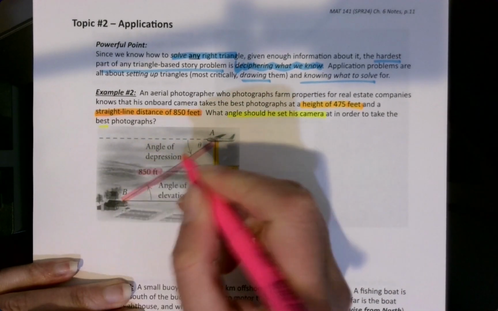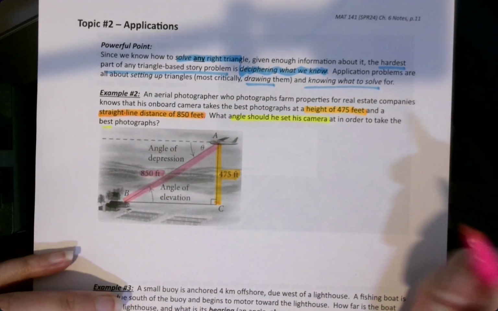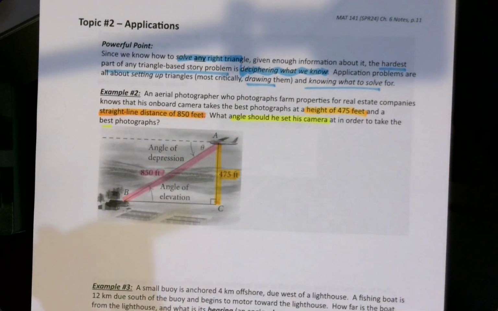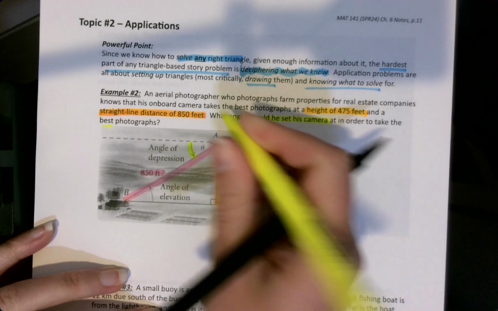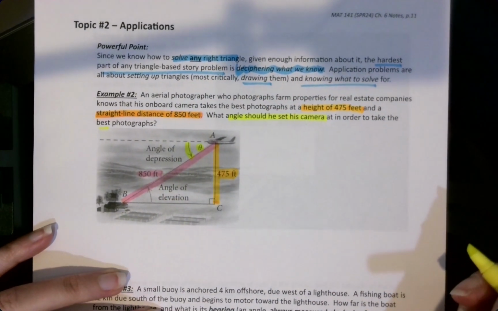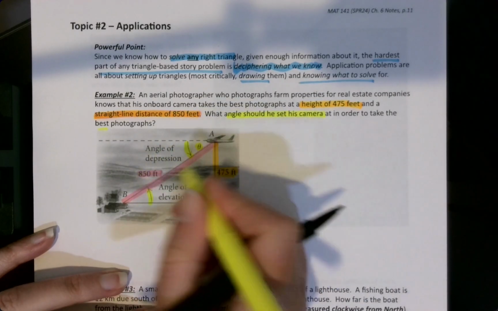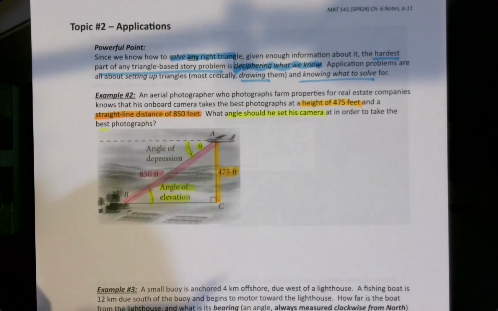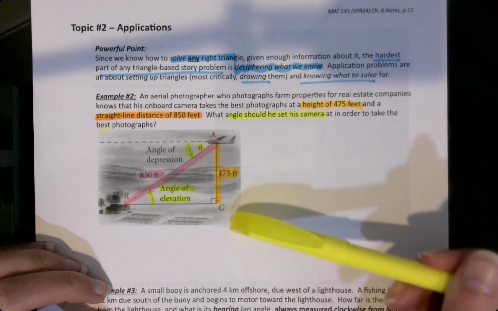It's going to be a straight line distance if you were able to trace from the farm, wherever part you're trying to take a photograph of, straight to the object from the plane. Now the angle of the camera is often referred to as the angle of depression right here, this angle theta. And the angle of depression is going to be equal to the angle of elevation. That's important because we want to have the angle inside of the triangle that we're imagining here.